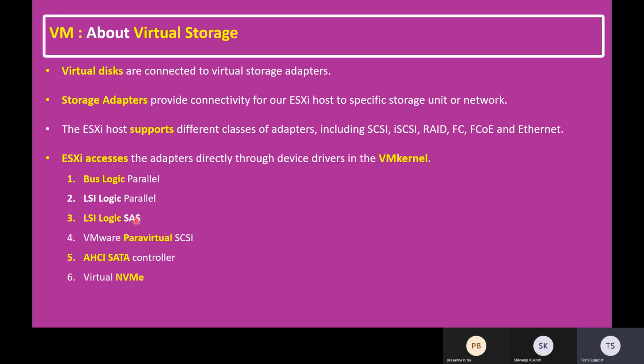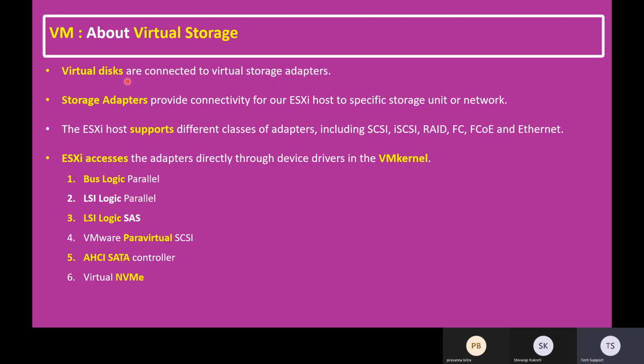SAS and Paravirtual are normally chosen for Linux flavors, and SATA is also one of the hard disk technologies; for that we'll choose the AHCI SATA controller. But normally when creating a virtual machine, we need not worry about the device driver selection. By default it will pick automatically, even when creating a VM in Workstation. We are not selecting specifically; it chooses based on the VM name and the specific guest OS family, and automatically picks based on the OS family.